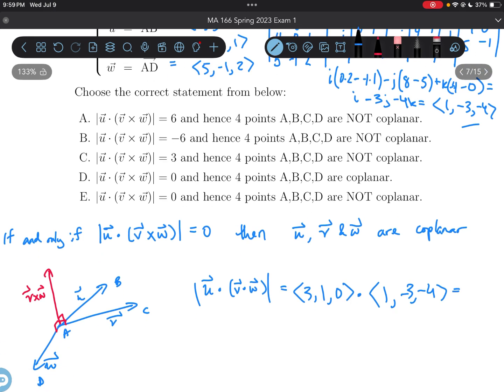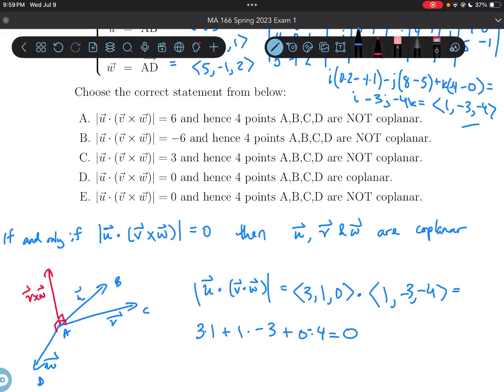The dot product is a lot simpler. We just take corresponding coordinates, find their product, and then add up all of the products. So we take 3 times 1 plus 1 times negative 3 plus 0 times negative 4, and that is equal to 0.